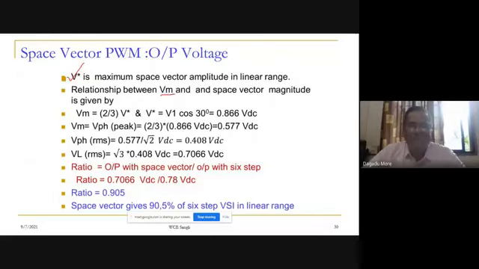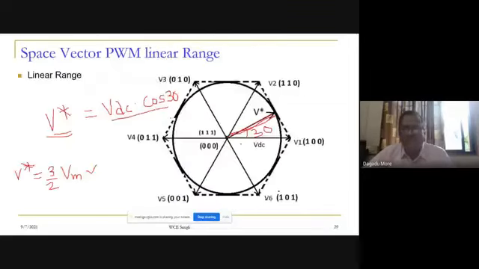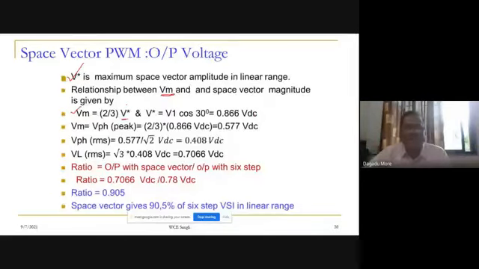VM is the peak amplitude of phase voltage, and V star is the space vector magnitude. Our V star will be 3 by 2 VM, or VM will be 2 by 3 V star. And now V star in terms of VDC will be VDC cos of 30 degrees.